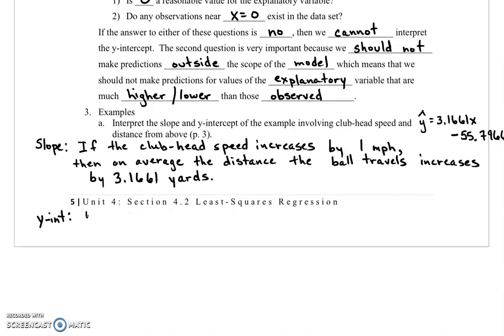So for the y-intercept, we should not interpret it.